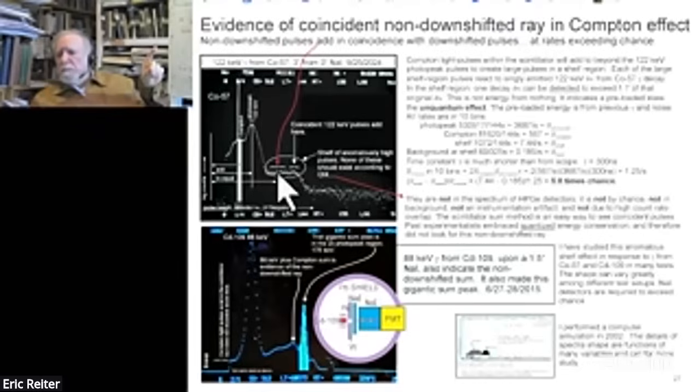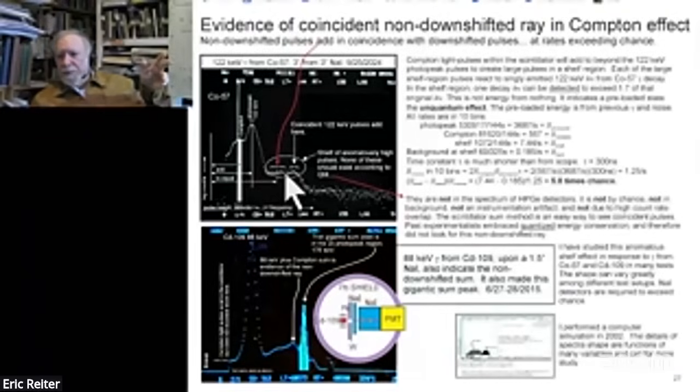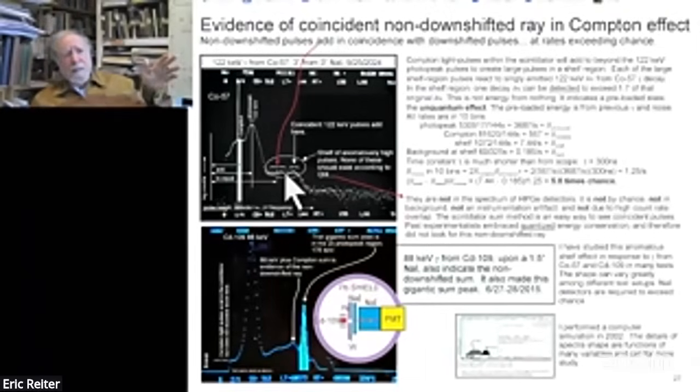Now these smaller pulses are from an addition of the Compton shifted down here plus what happens for the full height. They'll add up to make these twice height pulses in coincidence. You start with one and you're getting this, the two flashes overlap in time to make twice height pulses.